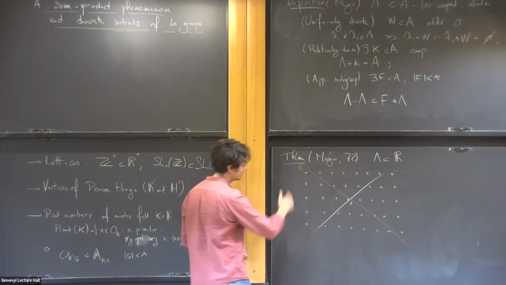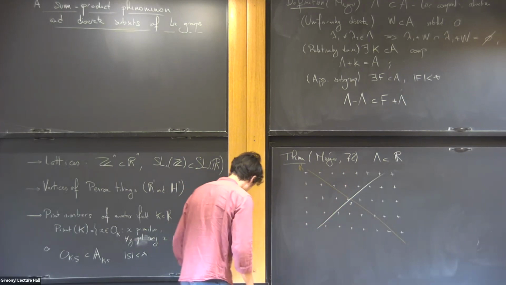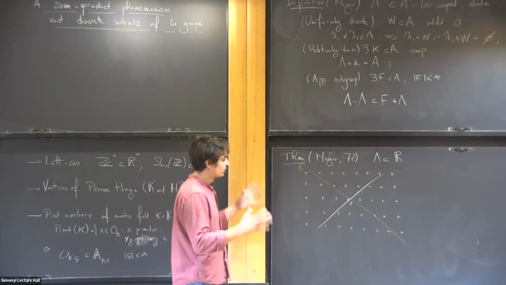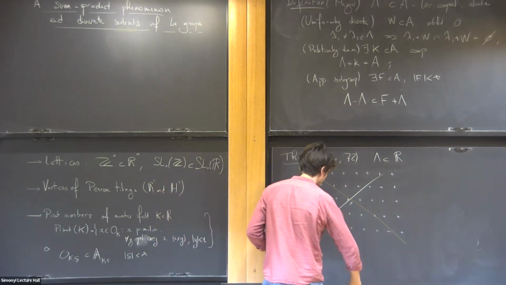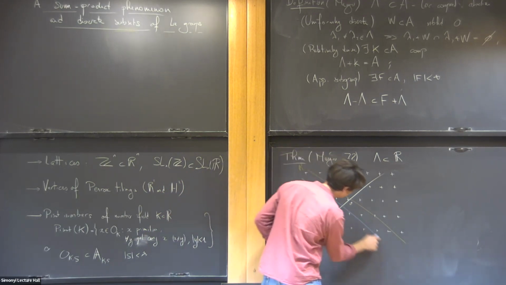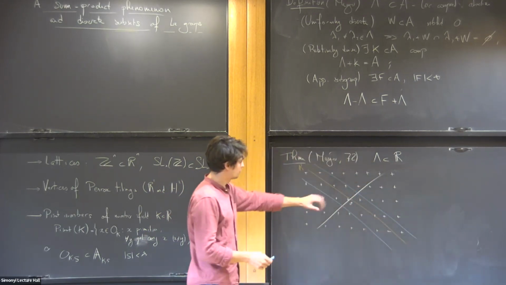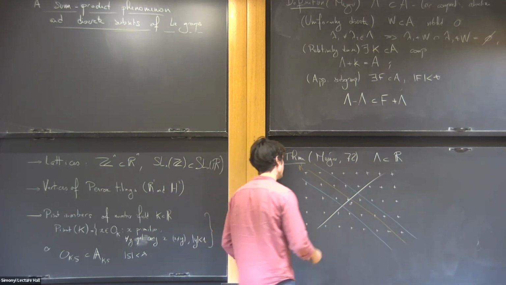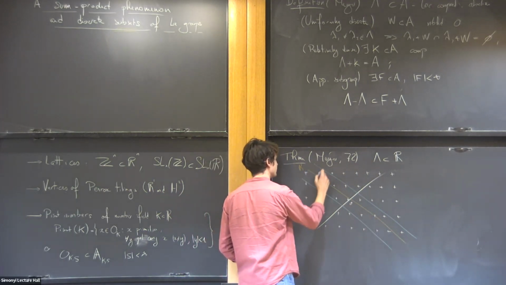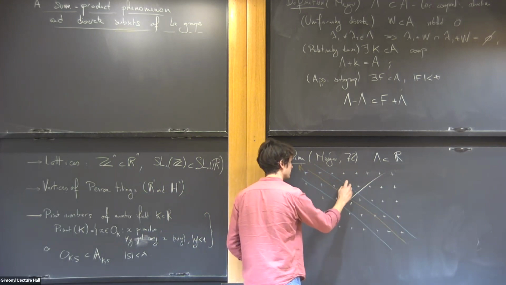So you have these two lines, and what are you going to do? You're going to do what they call cut and project, which means you're going to cut a strip along this first line. That's a nice strip. It's just two parallel lines. And you're going to select all the points that fall within that strip, all the integer points that fall within that strip.